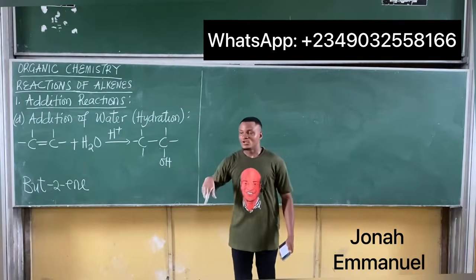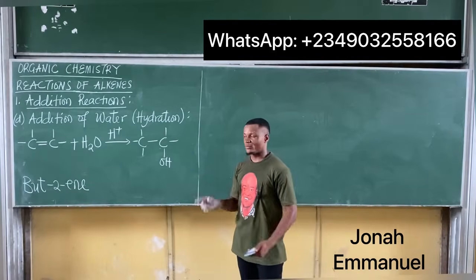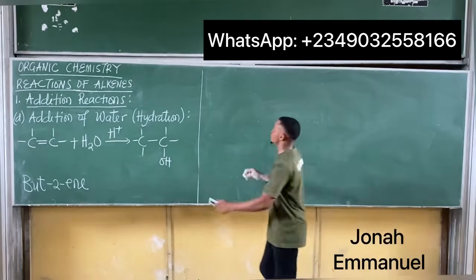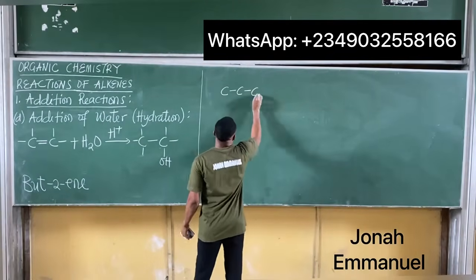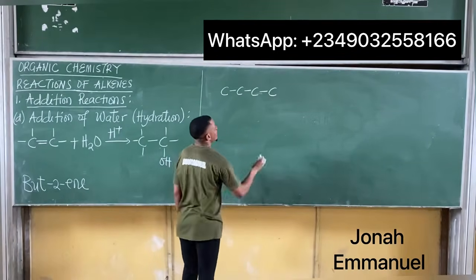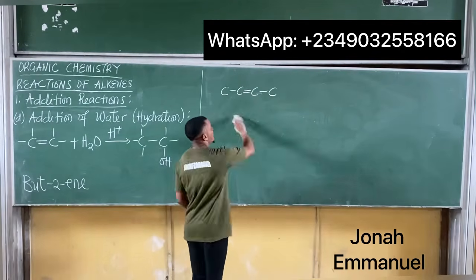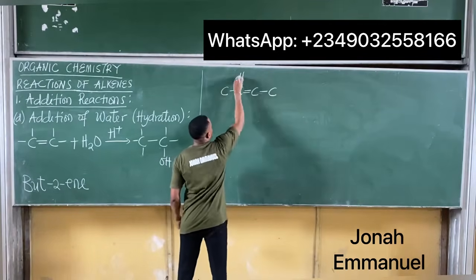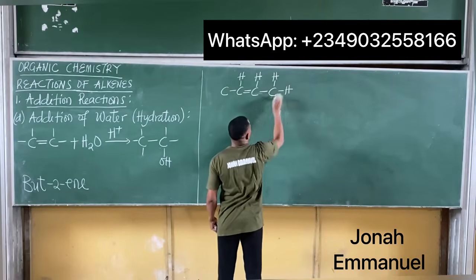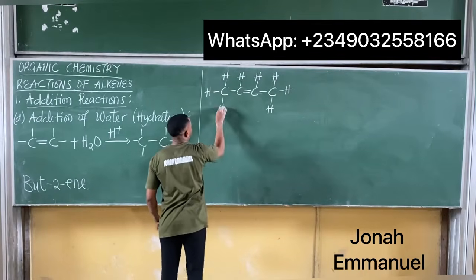That's your task. Let's get it done. But-2-ene, four carbons: 1, 2, 3, 4. By 2-ene, it means the double bond is on carbon 2. Complete this: I have 1, 2, 3, 4. That's but-2-ene.